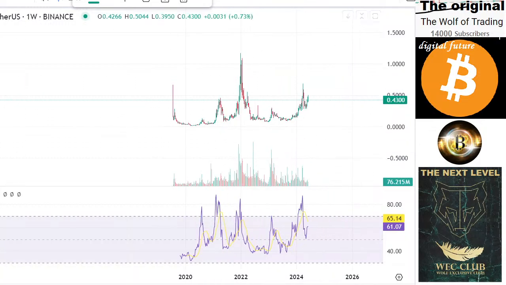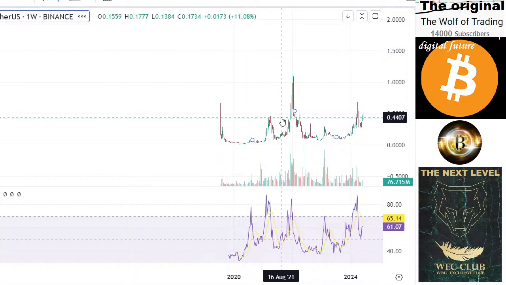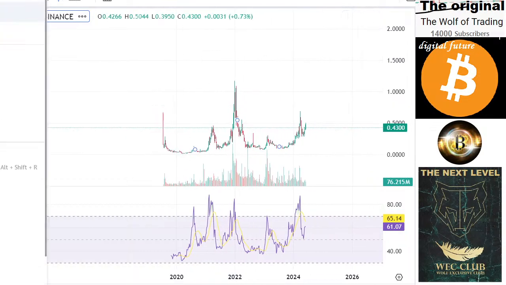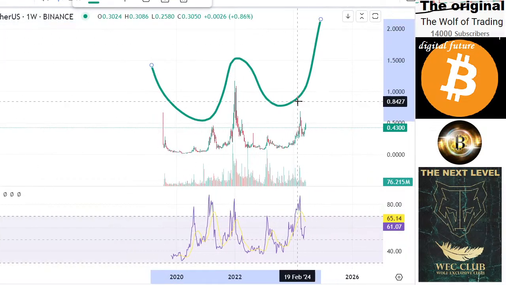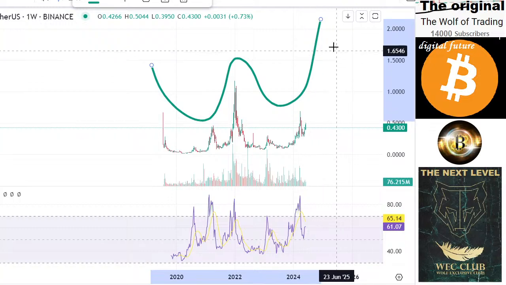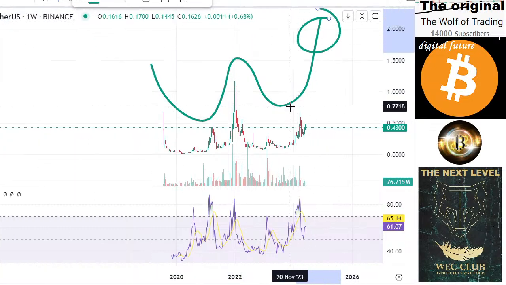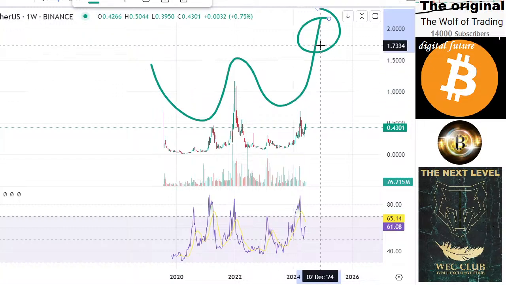So, you can see here a wonderful structure, a big W pattern here. And this W pattern is very active and very wonderful. This W pattern will bring us to levels of €2 or $2. This is fact. The price will go to $2. This will come.